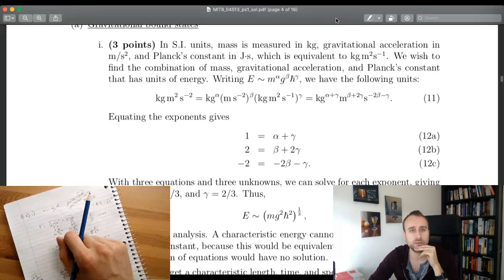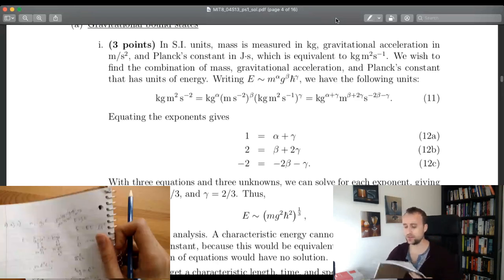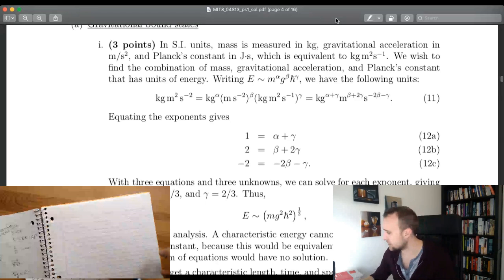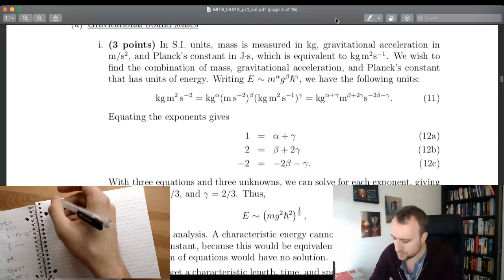Writing E to this, we have the following units. So let's just look at the solution. I'm going to write the solution in pen so that I can distinguish it from my own work, but let's go here.